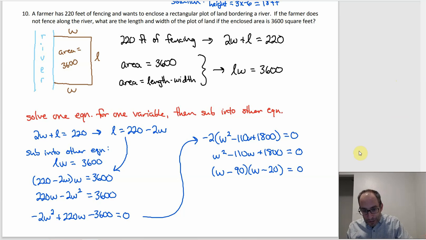And if you use the zero product property, I think you can see right here what's going to happen. We're going to have two different widths that work. So W minus 90 equals 0 or W minus 20 equals 0. So here W is 90, but if W is 90, then that would force the length to be 40.